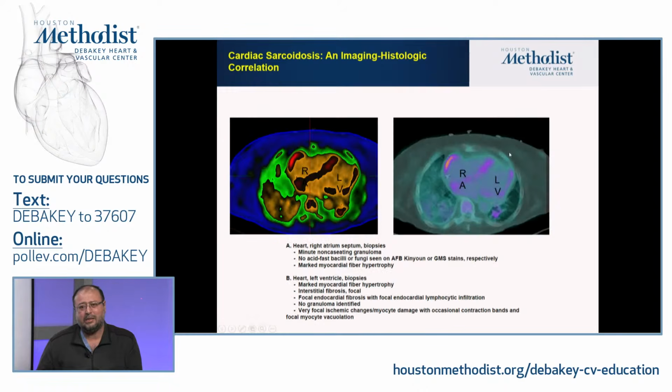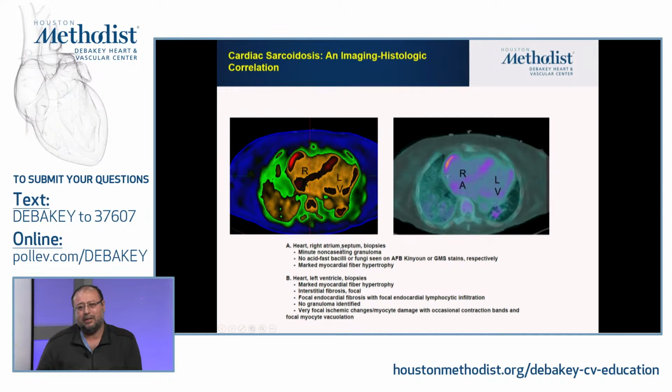Recently, we even had a study where there was some uptake in the LV. It's mild uptake, but we also noted uptake in the atrium. In fact, the electrophysiologist did 7 biopsies from the LV and 1 from the atrium, and you see the pathology report here.